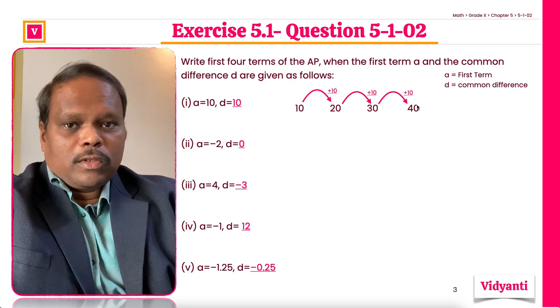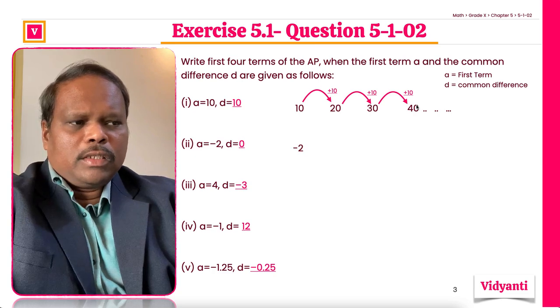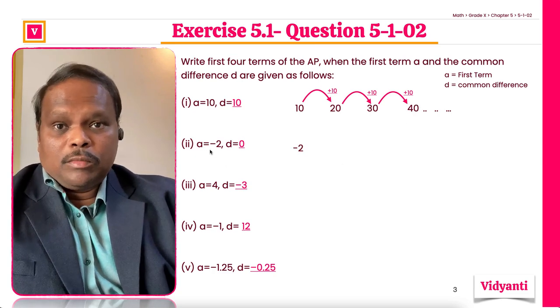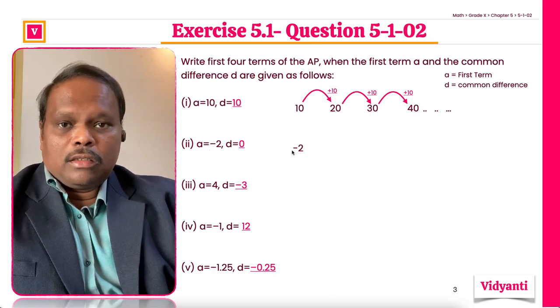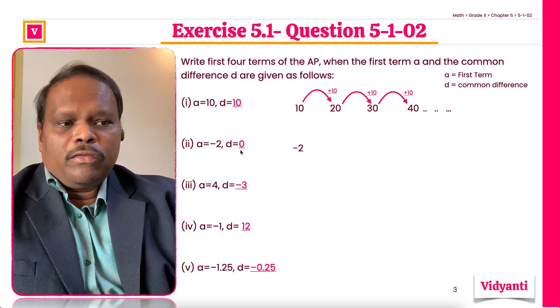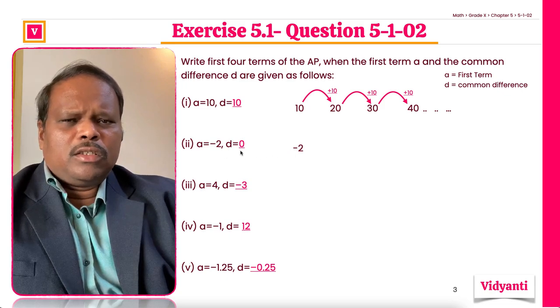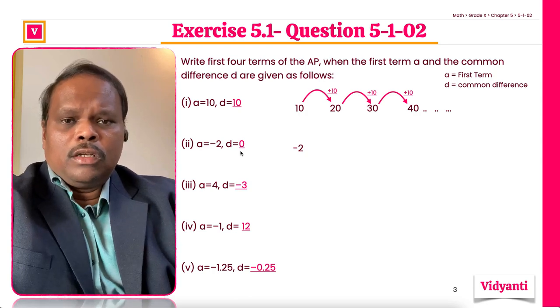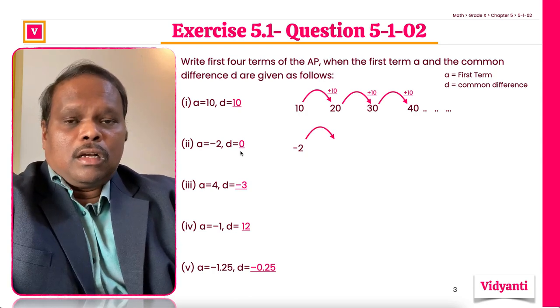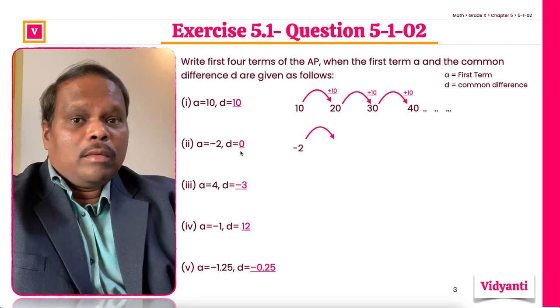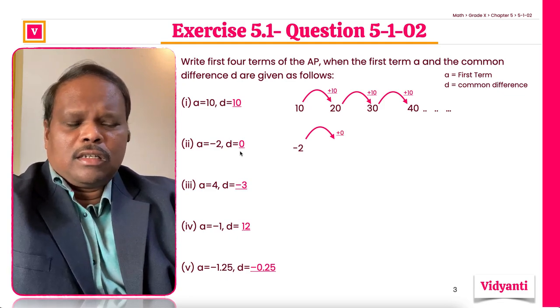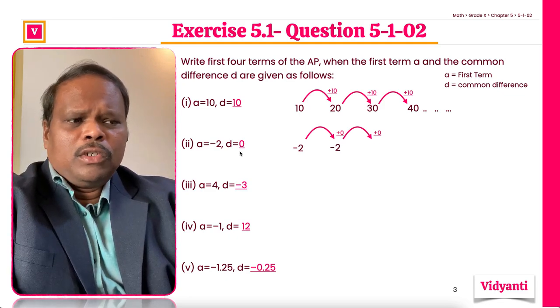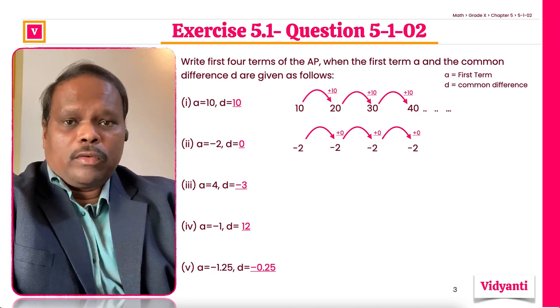We'll repeat this process for the second one. Now, the second is a little bit tricky. The first term is -2, so that's what I will begin with, but the difference is 0. That means there is no difference between two successive terms. So in that case, the process is still the same. We add plus 0, and the second term will still be -2, and then you repeat that process, and this goes on forever.